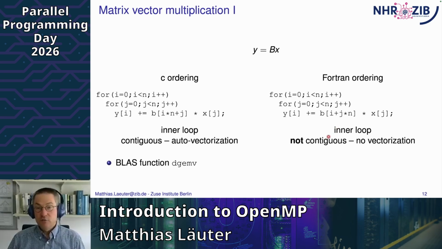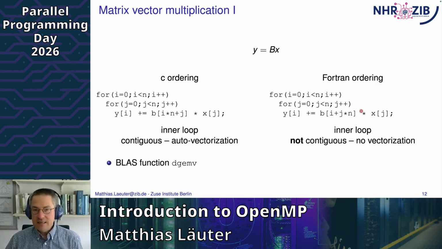But if you have your matrix stored in a different way, if your matrix is for some reason stored transposed, then your access here in the B, if you look exactly, I have changed the argument of B here from the left to the right. If you go through this loop j, this is not contiguous in memory, because j times n are not entries behind each other.